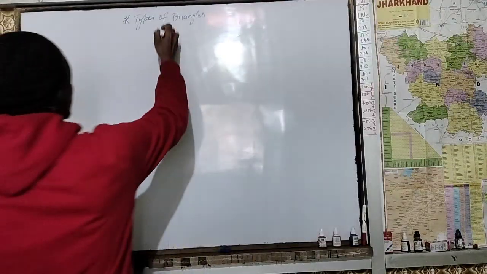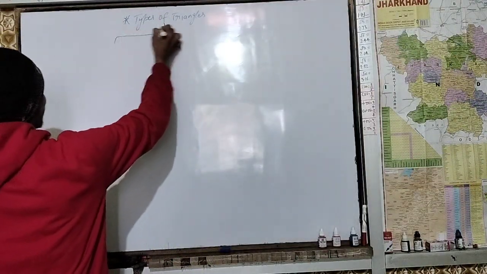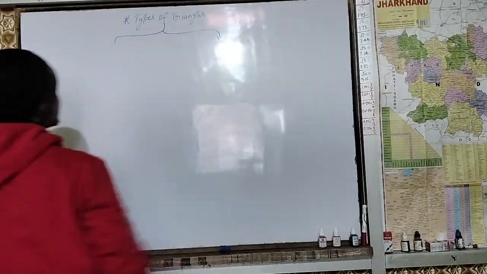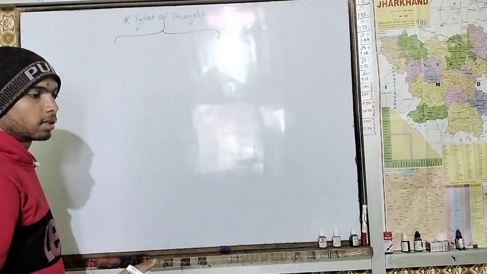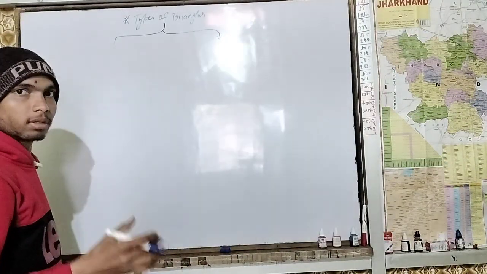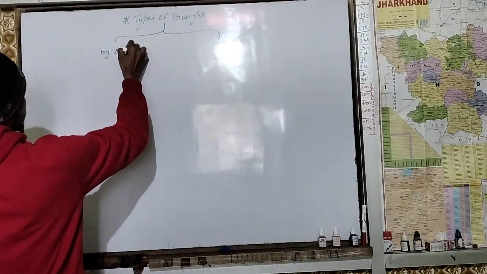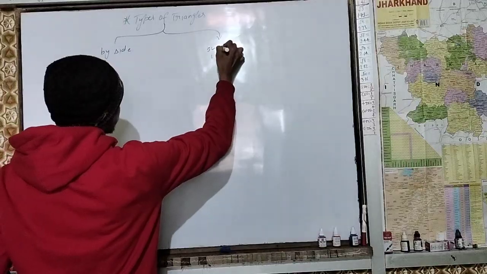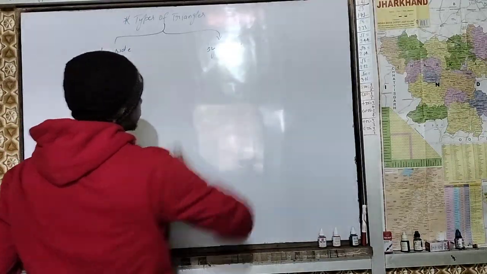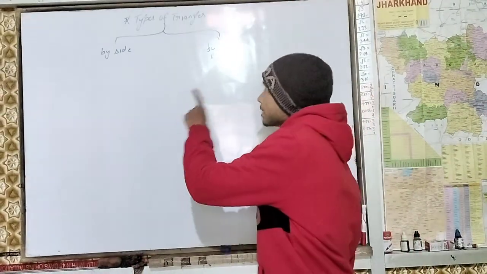When we move towards the types of triangles, it is divided into two parts: by side and by angle. We are dividing these types of triangles into two parts, by side and by angle.